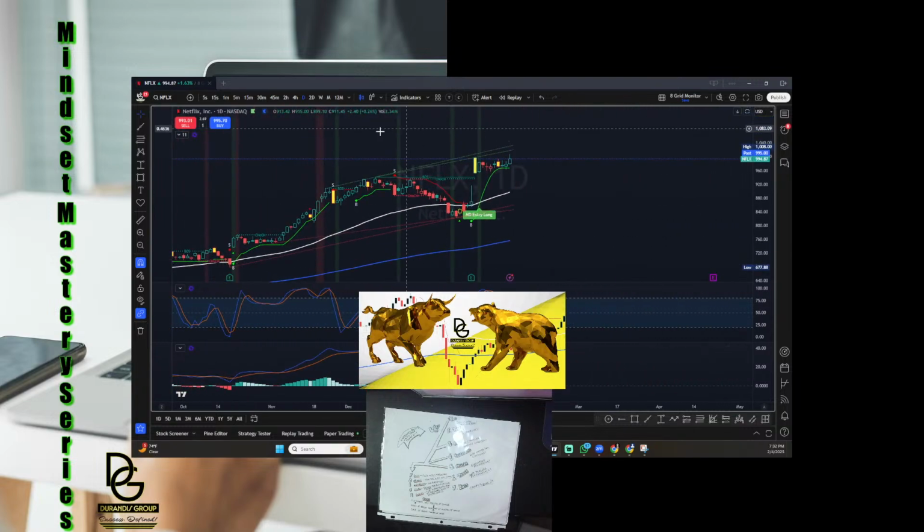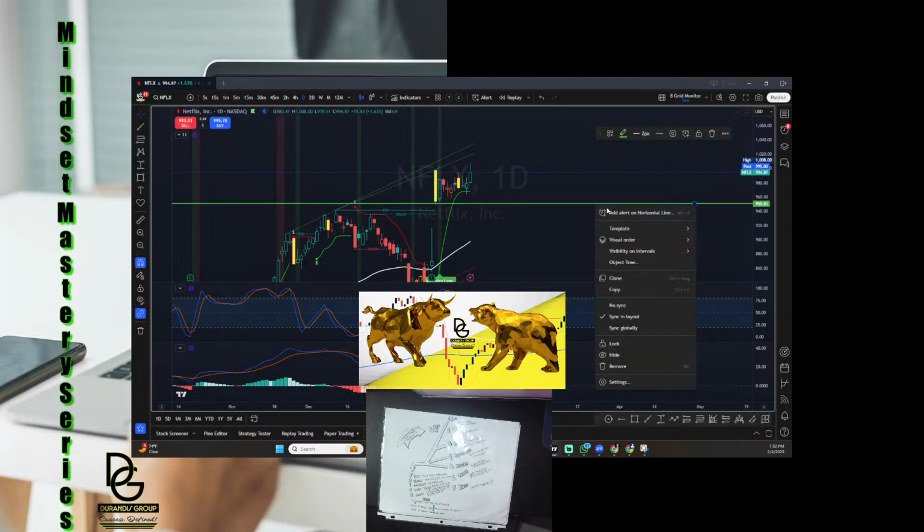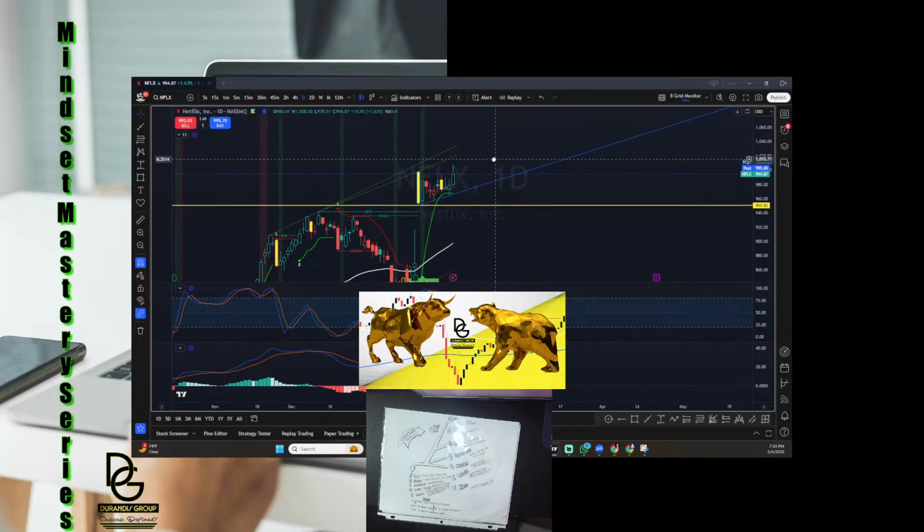All right, so Netflix, if we look at this as a whole, this thing has been pushing to the upside, and we got a nice little solid support right here. I'll call this general. And this is what we're kind of bouncing off of here. I was considering taking something to the upside because it's been holding firm to try to get to that 1,000 and hold.